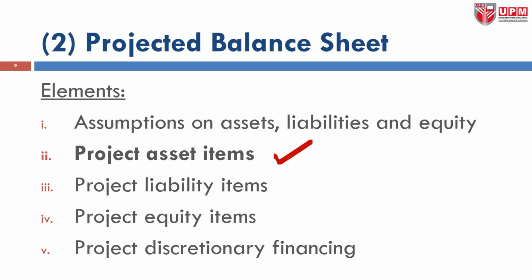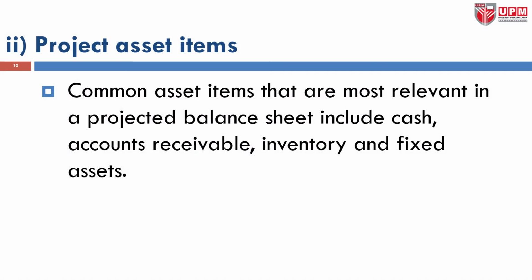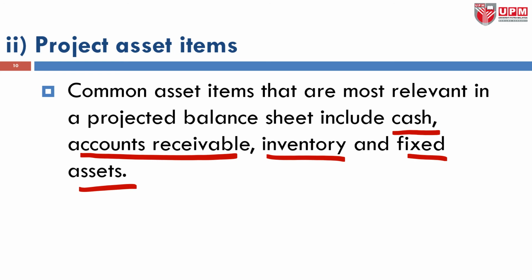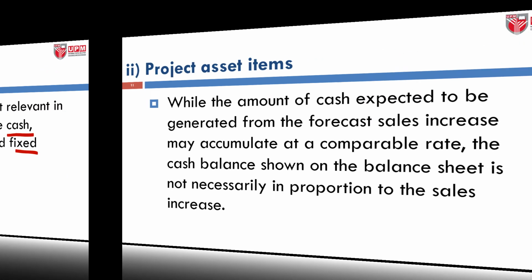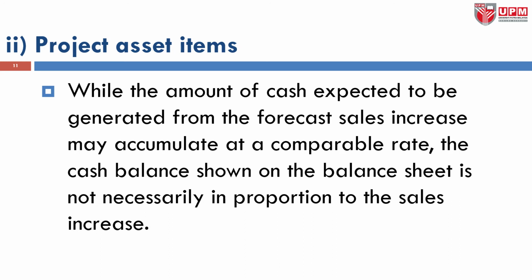The second item is the projected asset items. Common asset items that are most relevant in a projected balance sheet include cash, accounts receivable, inventory, and fixed assets. While the amount of cash expected to be generated from the forecast sales increase may accumulate at a comparable rate, the cash balance shown on the balance sheet is not necessarily in proportion to the sales increase.